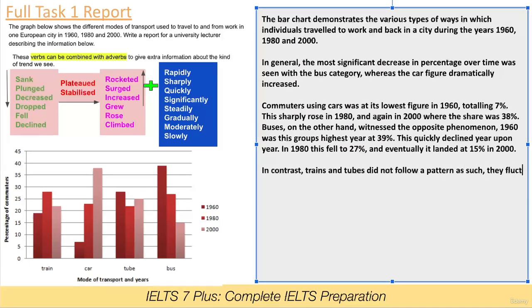They fluctuated throughout the years. Okay, so what's happening with trains? Is there anything that's trains in 1960 and then increased and then decreased? Tubes started out strong in 1960, decreased and then increased.